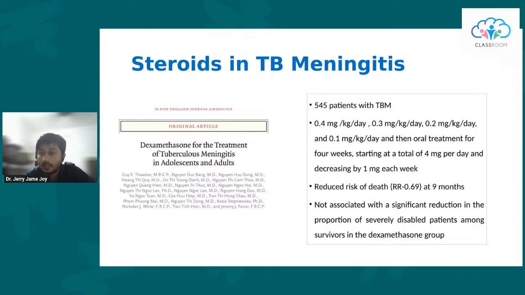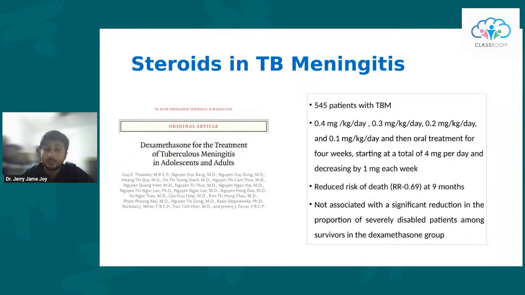The dose they used was 0.4 milligram per kilogram per day for the first week, then 0.3 milligram per kilogram per day the next week, 0.2 milligram per kilogram per day, and 0.1 milligram per kilogram per day for the fourth week. Then they used an oral treatment for 4 weeks, starting at a total of 4 milligram per day, and decreased by 1 milligram each week.